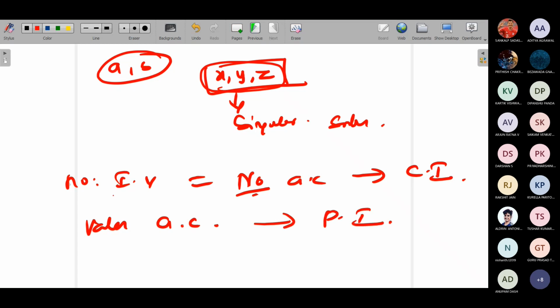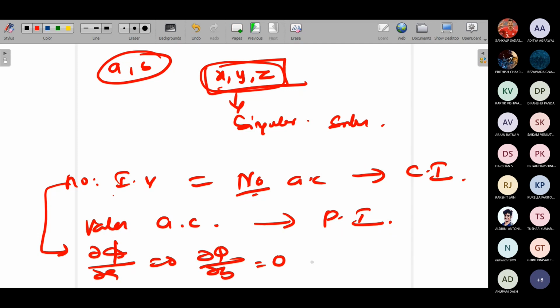From the complementary function, you differentiate with respect to a and equate it to 0, and differentiate with respect to b and equate it to 0. Eliminating a and b from the complementary function and these two equations, we get one ultimate solution involving z, x, y. This solution is known as a singular solution. Is it clear?